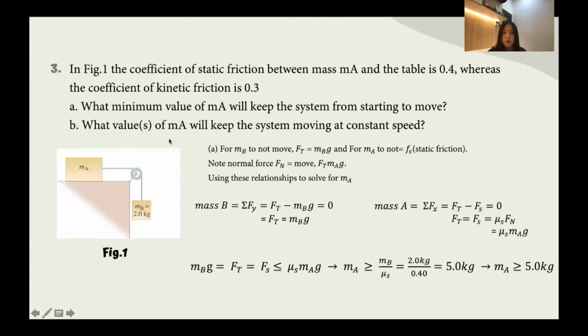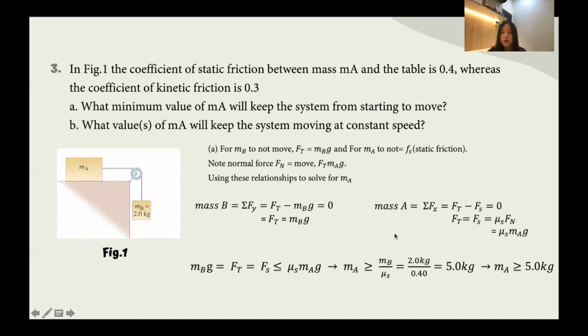For part A, where we are asked for the minimum value of mass A to keep the system from starting to move, coefficient of static friction times mass A times gravity must be greater than or equal to mass B times gravity. So we can simplify that mass A must be greater than or equal to mass B divided by the coefficient of static friction.